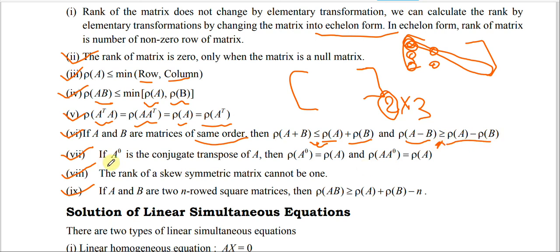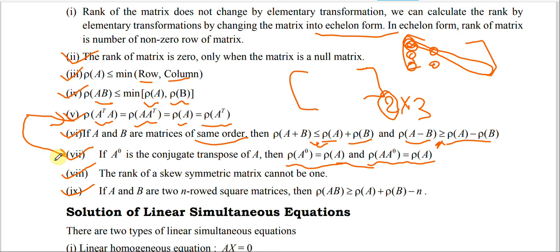If A theta is the conjugate transpose of A, then the rank of A theta into A will be the same as this, like the transpose. I have told you already that every property of orthogonal will also be followed in this.